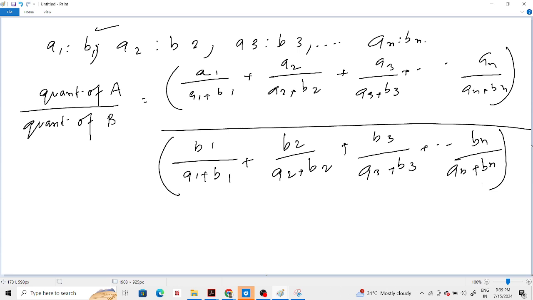So the quantity of A by the quantity of B is equal to A1 by A1 plus B1, plus A2 by A2 plus B2, plus A3 by A3 plus B3, dot dot dot, till AN by AN plus BN, whole divided by B1 by A1 plus B1.